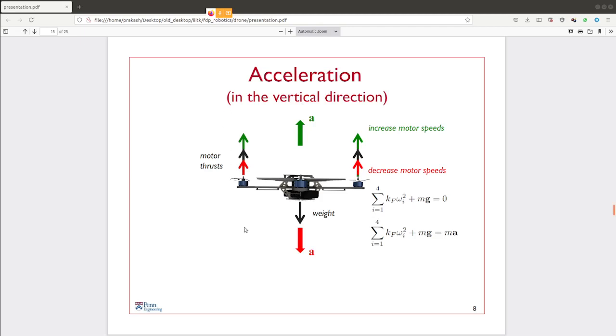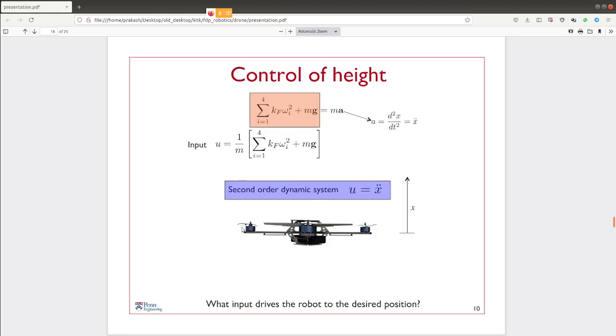Now somebody asked about the controlling part. Let's now focus on this controlling part. This is the governing differential equation.